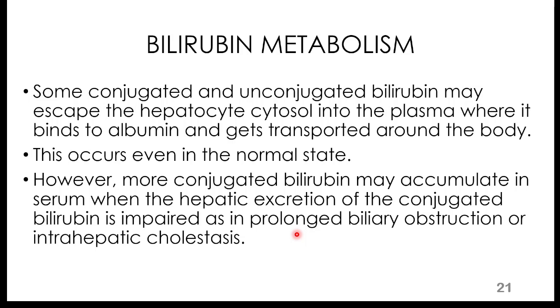So this can increase the level of conjugated bilirubin within the serum. Hence, if you remember what we said earlier, direct hyperbilirubinemia is when conjugated bilirubin within the blood is 15% or more of the elevated bilirubin. So this is an example of what might lead to direct hyperbilirubinemia: biliary obstruction.